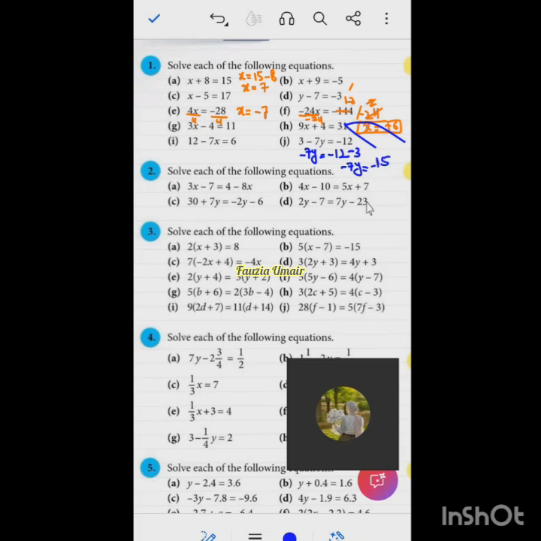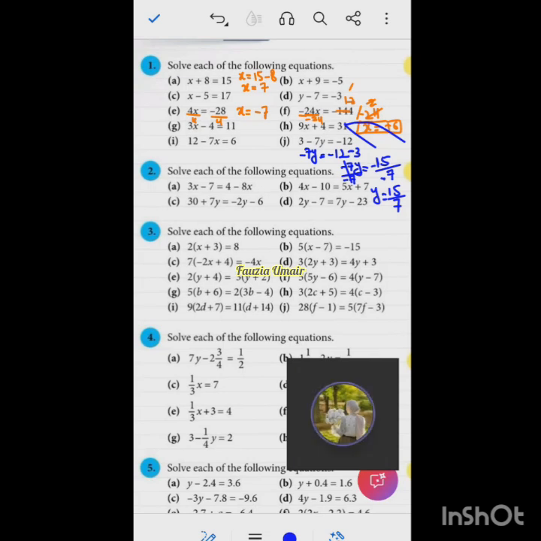Is it clear? So now you can divide both sides by minus 7. This will be gone and y would be 15 by 7, because minus divided by minus is cancelled. Is it clear?